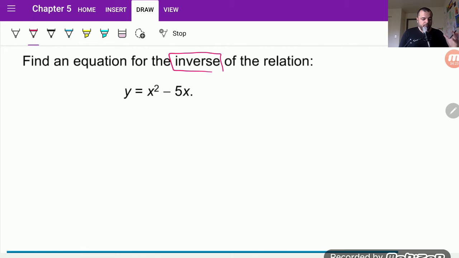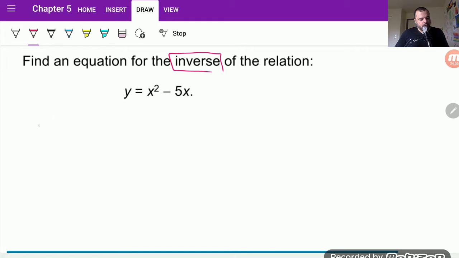So how to find the equation of the inverse of the relation? As we did in the points, what did we do in the points? When we have ordered pairs, we interchange x and y, right? We are going to do the same thing.